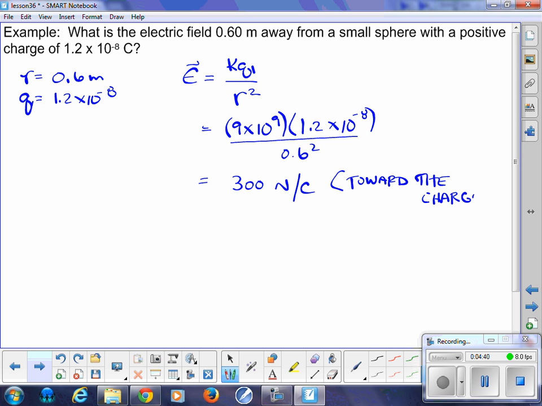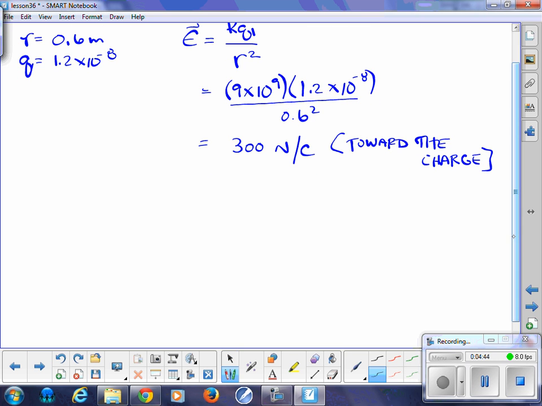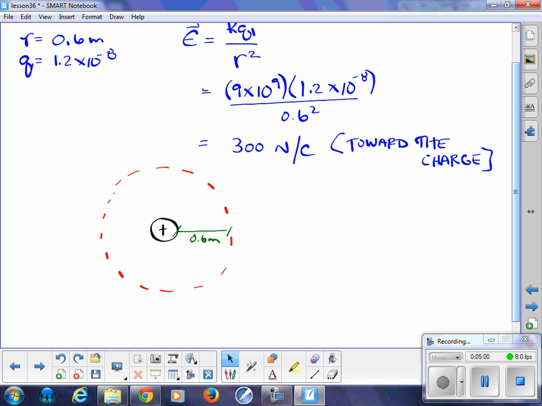What does that really mean? I'll give you a quick picture to emphasize. Here's my little positively charged particle, and I'll draw in my equipotential line. That line is at a distance of 0.6 meters according to this question. That tells me the magnitude of the field strength at any point along it is 300 newtons per coulomb of charge.